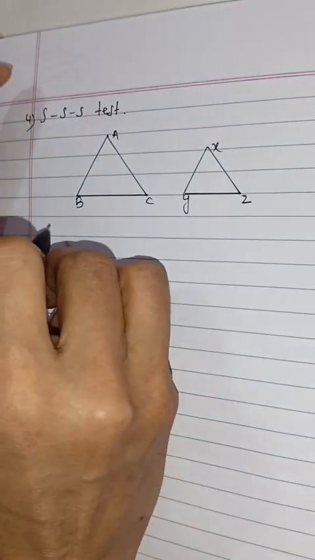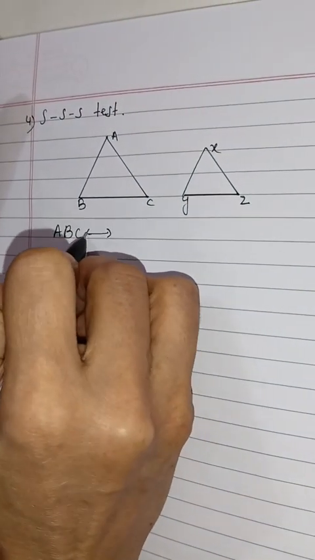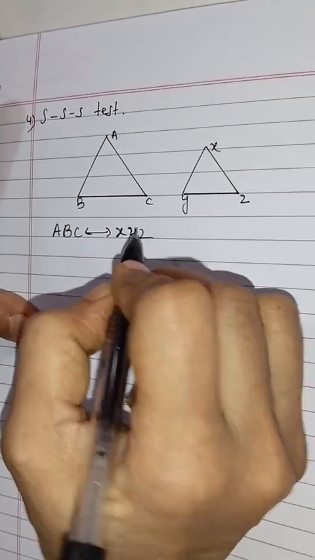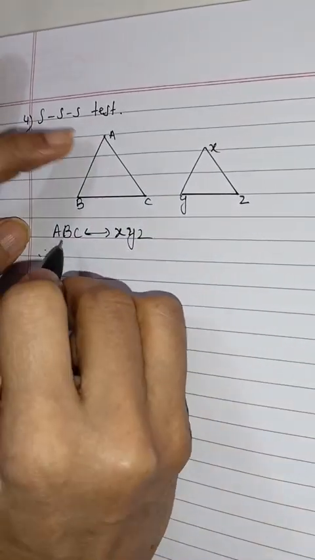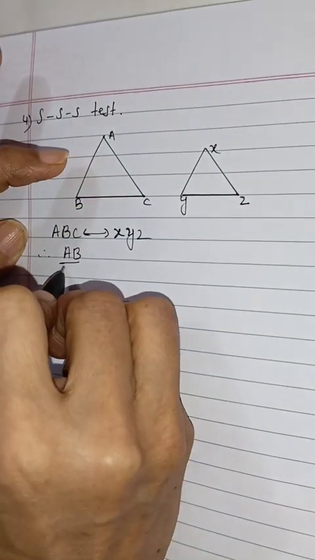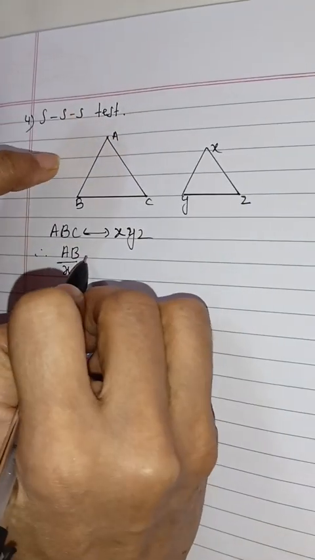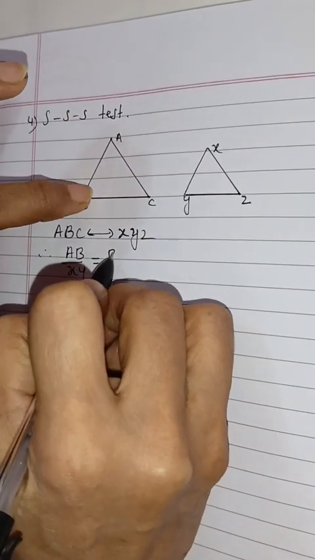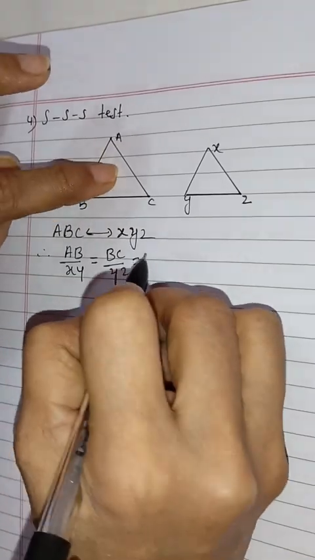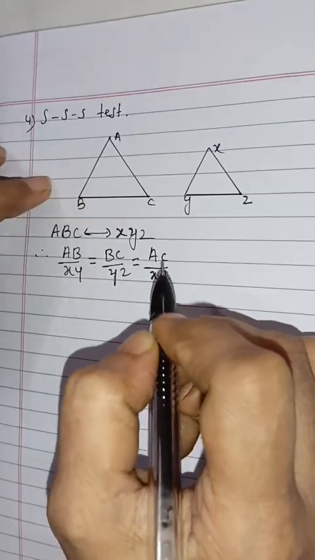This is under the correspondence of ABC to XYZ. Therefore AB by XY equal to BC by YZ equal to AC by XZ.